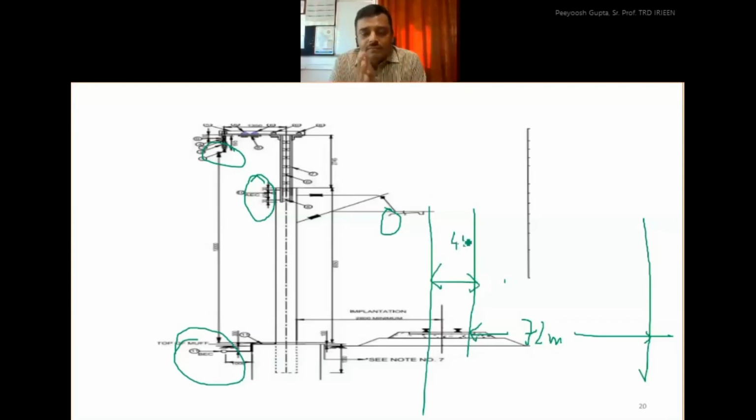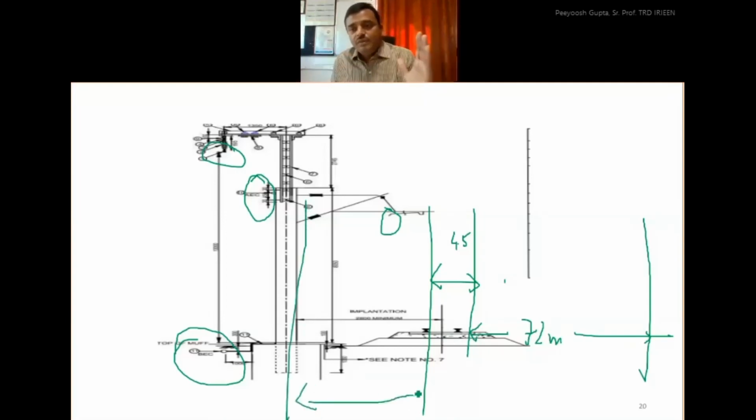So what is happening now, one side we say that our distance between the two masts should be 67.5. Another side, when we go practically, what we see, one side we have to cast the mast. Here also there is a mast, so this is also 72 meter.